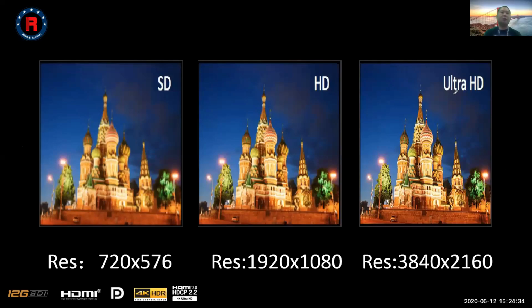From this picture, we can see very clearly the content goes from standard resolution to Full HD, and now 4K. If we check the data rate, for example 4K by 2K, the data rate is more than 10 gigabytes.